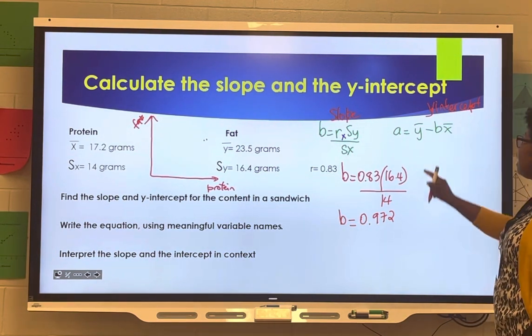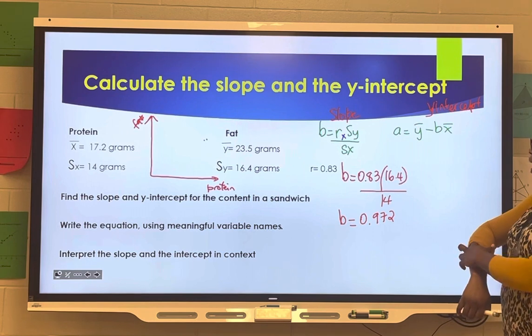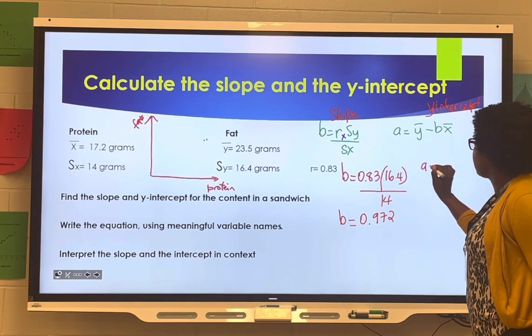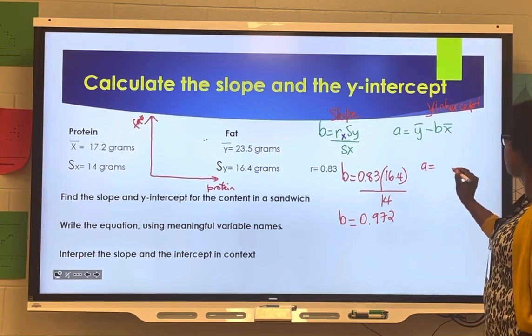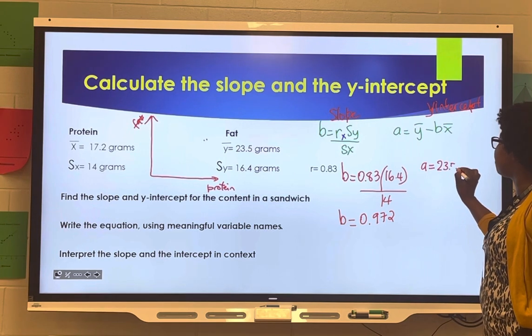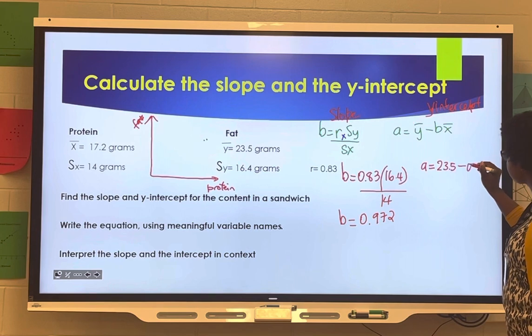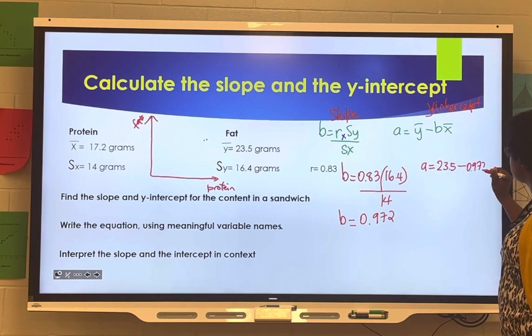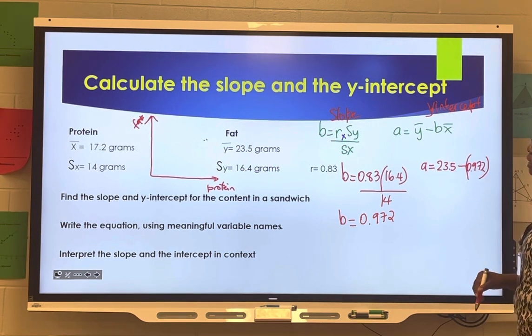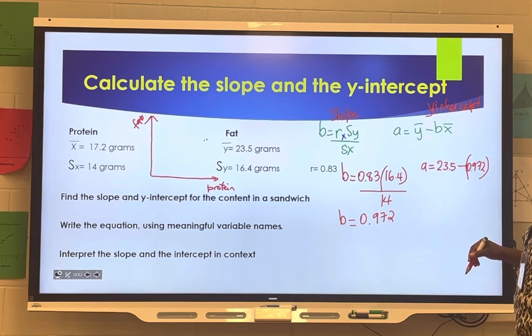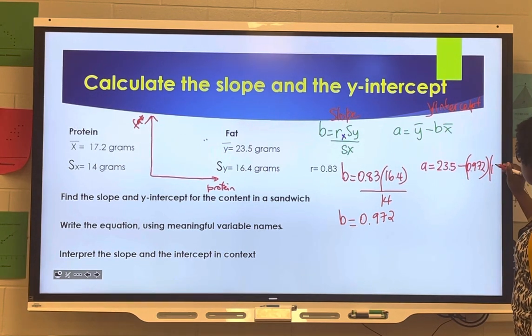Now I need to find my a value, which is my y-intercept. So a is equal to y bar, 23.5, minus b, which is 0.972, put it in parentheses, times x bar, which is 17.2.